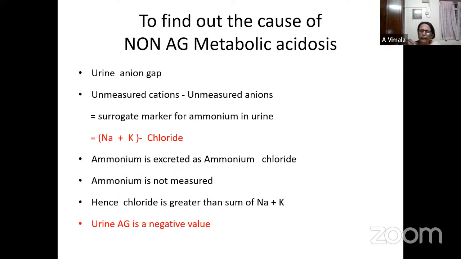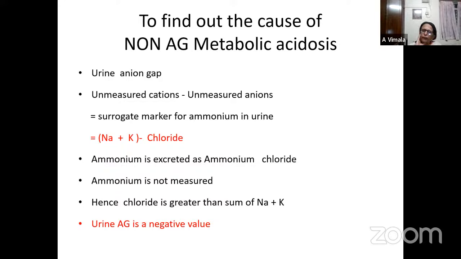So chloride is derived from three important cations: sodium, potassium, and ammonium. Whereas we measure only sodium and potassium, we are not routinely measuring ammonium. So naturally, chloride will be greater than the sum of sodium and potassium. So usually the urine anion gap is a negative value.